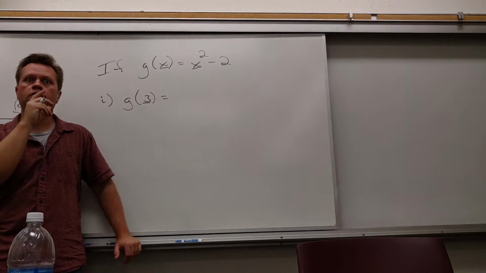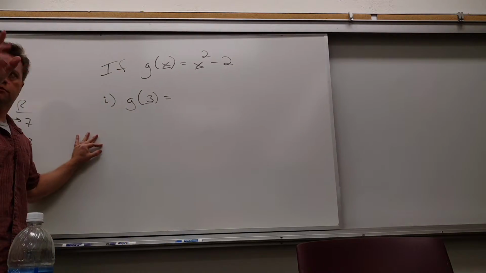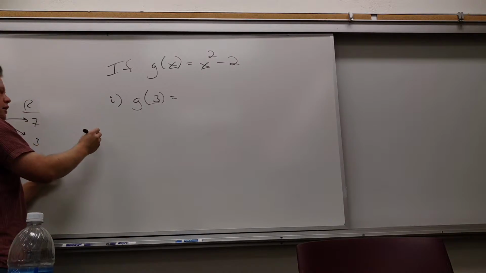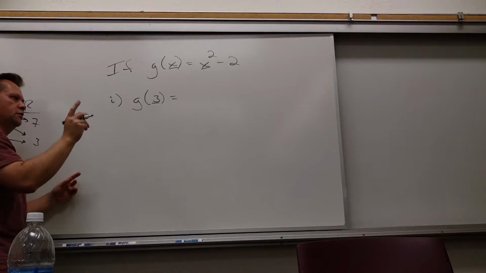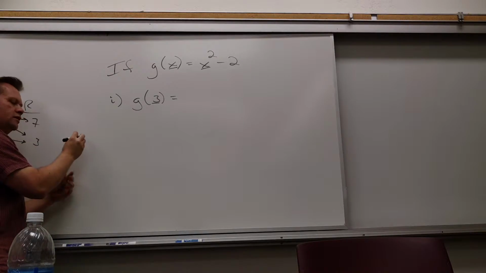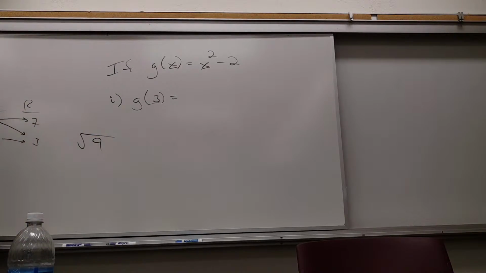How come it's not g times 3? I like it. I keep bringing this up because this is a perfect example. How do you say this? Square root of 9.